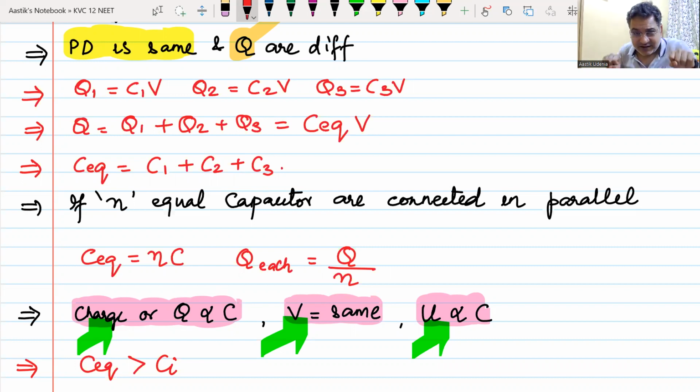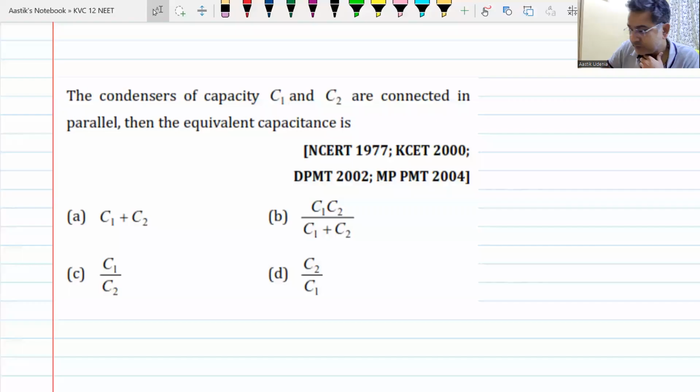If you want to decrease the capacitance, connect them in series. When you connect them in series, capacitance goes down. When you connect them in parallel, capacitance goes up. Do we understand this? I'll give you 2 minutes to note this down. If you have any doubts, please ask. Please let me know once you are done.